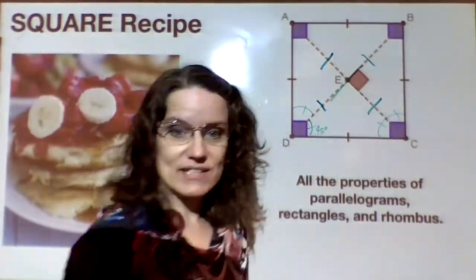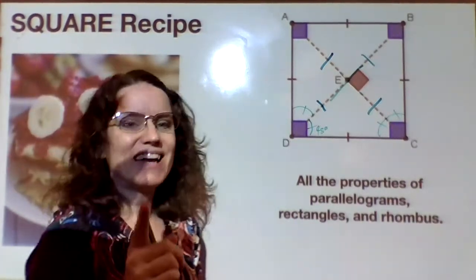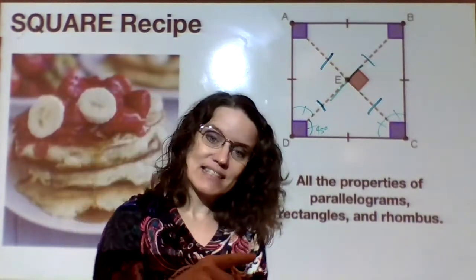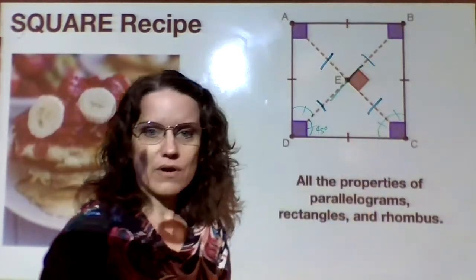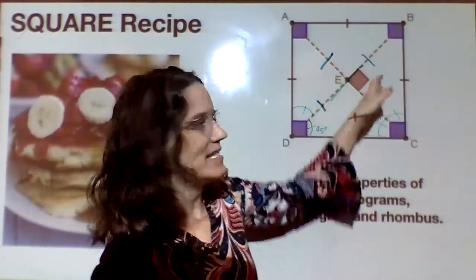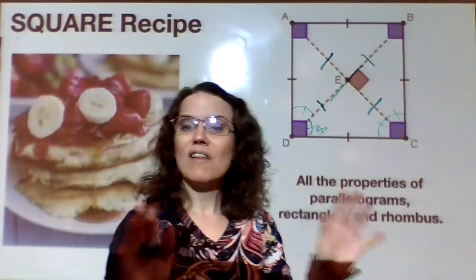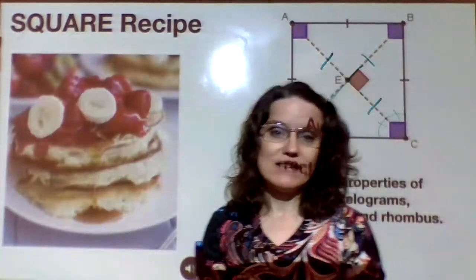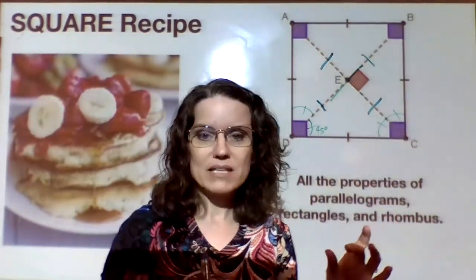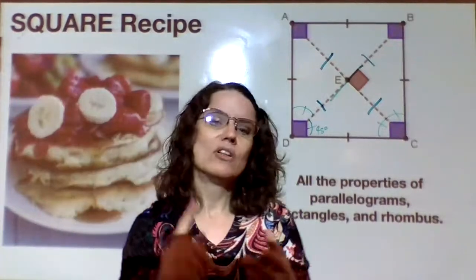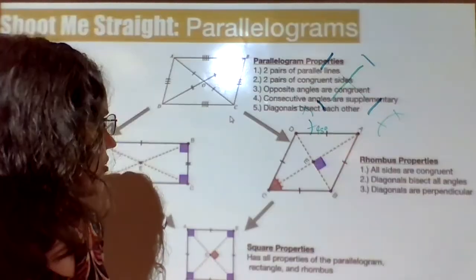And since they're the same length, because they're rectangles, since the diagonals are the same length, and since they bisect each other, we also have that all 4 of those diagonal pieces are bisected to be the same size. So we've got lots of properties going on here. I recommend that you learn each individual shape's properties. So learn the rectangle, learn the square, learn the parallelogram, and learn the rhombus.